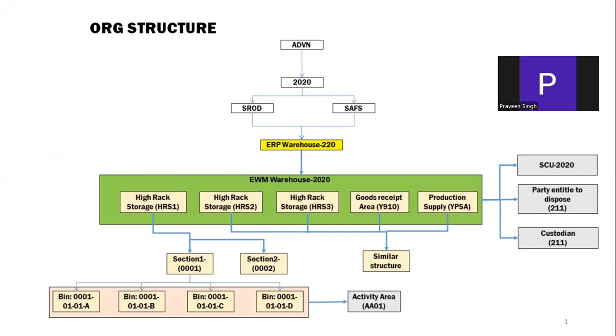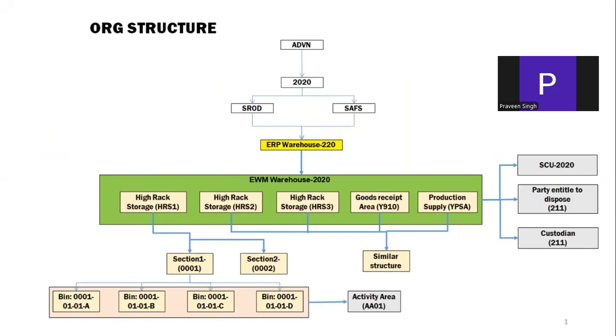First, there is an organization called ADVN, and it also has a year, 2020. Coming to the next one, it has mostly SROD, ready on dock, and SAFS as well. So these two are created.